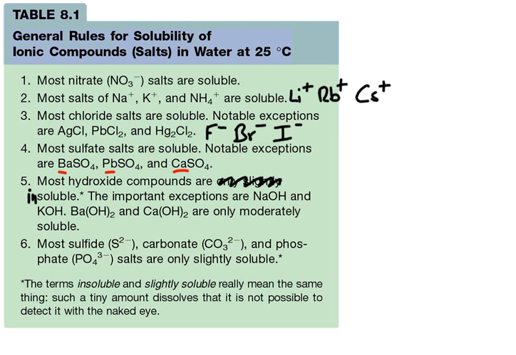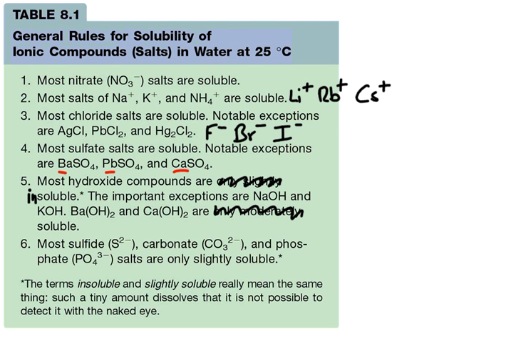No, let's just get rid of that moderately and say they are soluble. So hydroxides are soluble except potassium and sodium. And the reason why potassium and sodium are exceptions is because they contradict Rule 2, which says that sodiums, potassiums, and ammoniums are soluble. That's why those are going to be soluble.